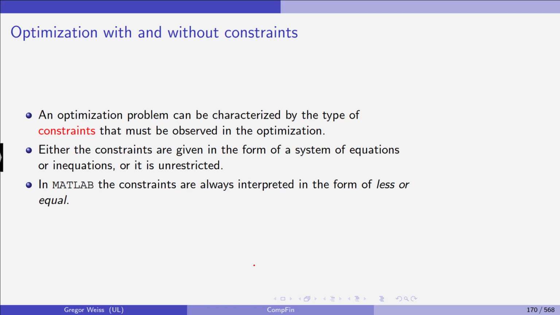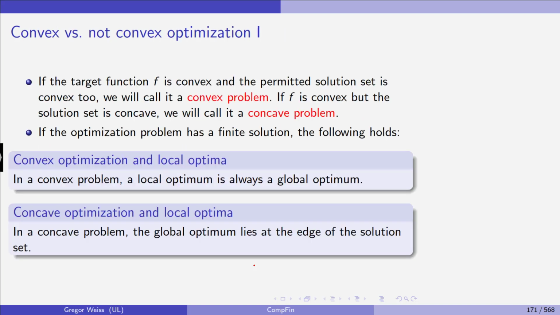Then we can distinguish between optimization with and without constraints. An optimization problem is a constrained optimization problem if we have constraints, and the constraints can be in equation form, inequations, can be unrestricted, can be in the form of less or equal, and so on, can be linear, non-linear, and depending on the types of constraints, we can distinguish certain types of optimization.